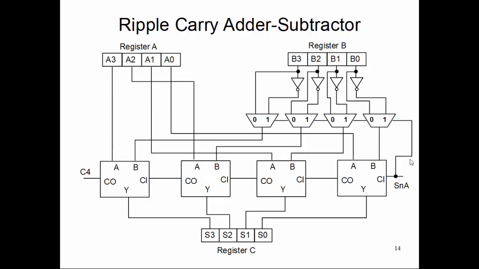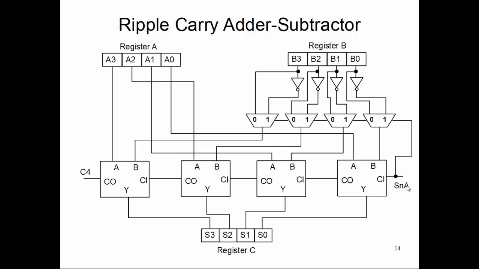So we have, let's say, two things to do, addition or subtraction. Let's say there is a control signal called SNA. So if this SNA logical value is 1, it is a subtraction operation. If the logical value is 0, it is an addition operation.